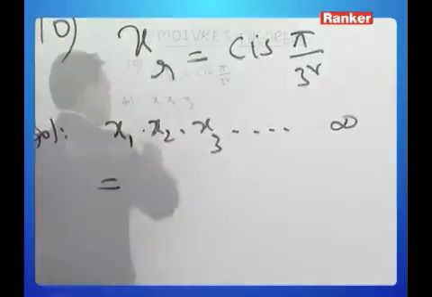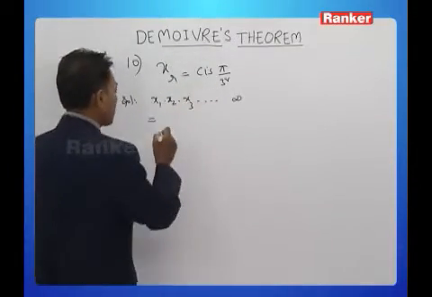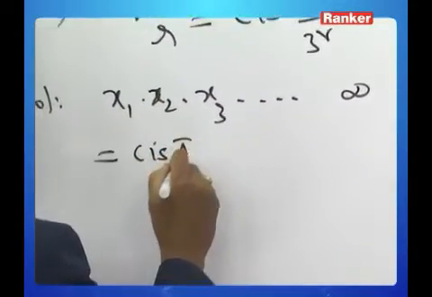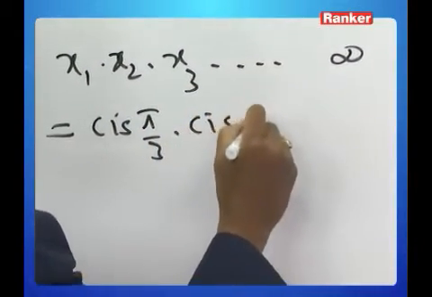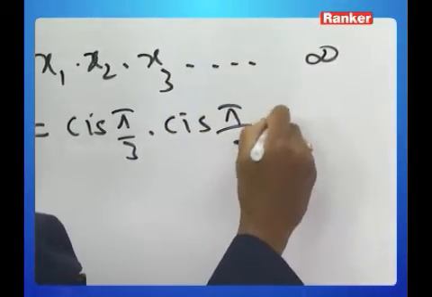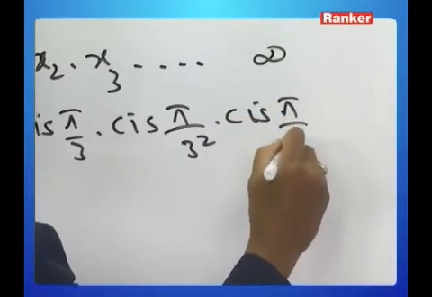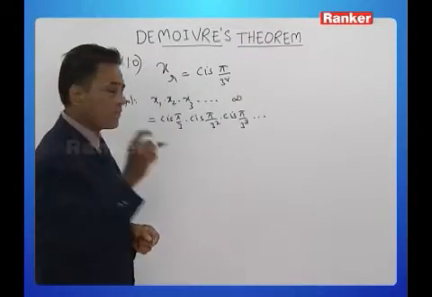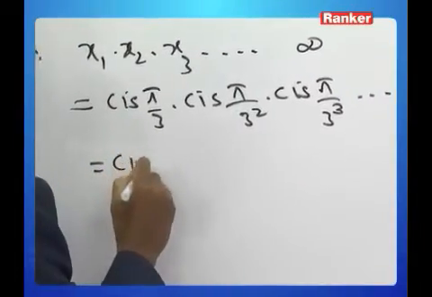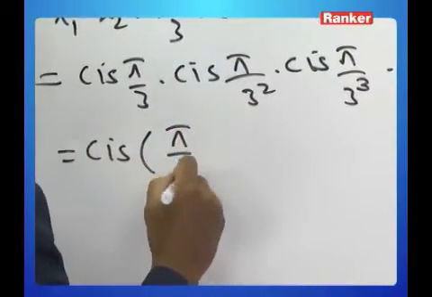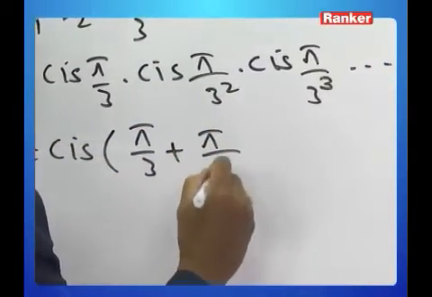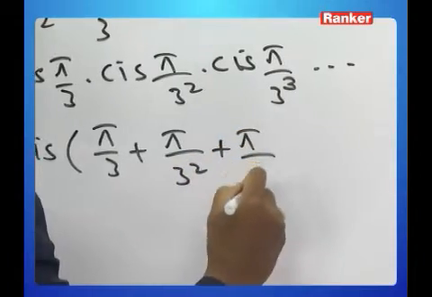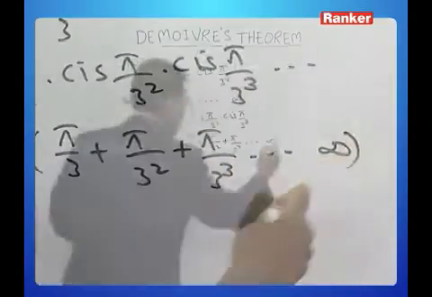Let us find this value. x1, in the sense put r is equal to 1: cis pi by 3, cis (pi by 3) square, cis (pi by 3) cube, and so on. We know that cis A into cis B is cis of (A plus B). So, if you write cis one time, you can write pi by 3 plus (pi by 3) square plus (pi by 3) cube, and so on up to infinity.